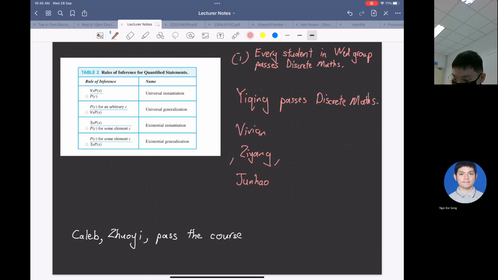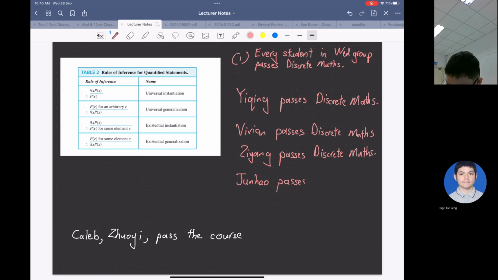And Vivian is a student in the Wednesday group, right? So Vivian also passes Discrete math. Ziyang is a student in the Wednesday group or not? Yes, so he passes Discrete math. Tin Hao is also a student in the Wednesday group, so he passes Discrete math.